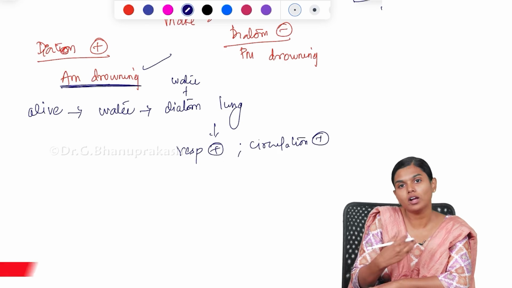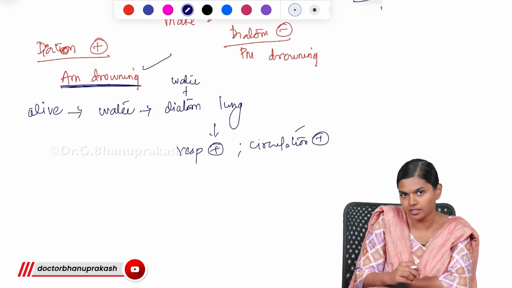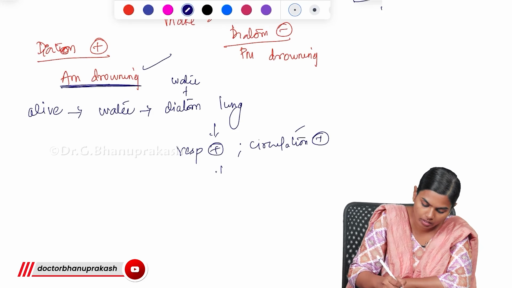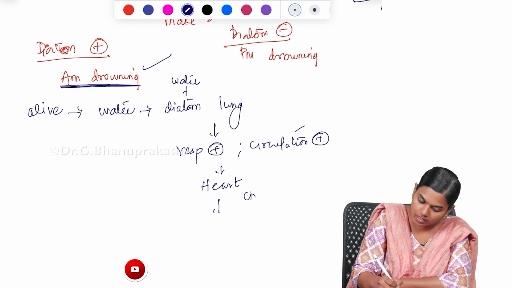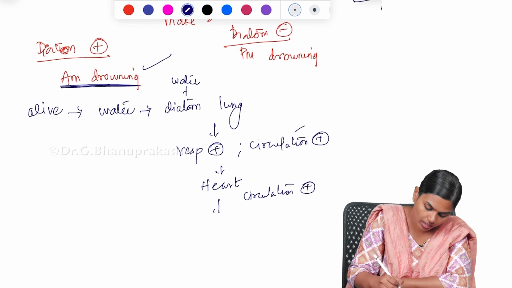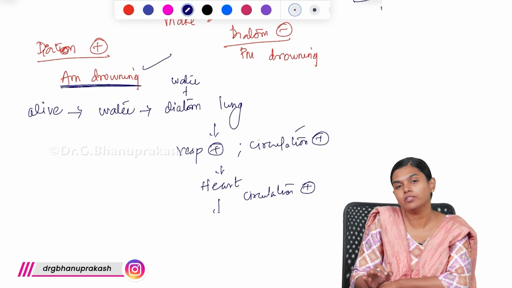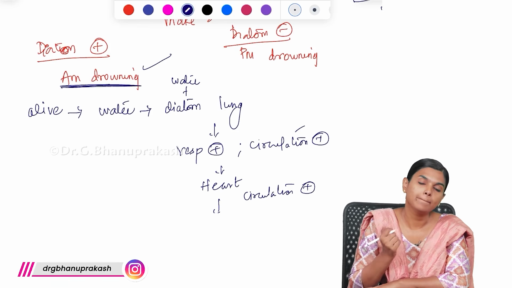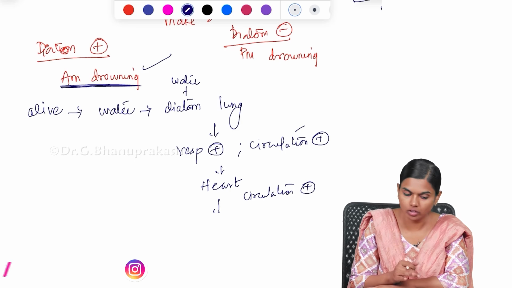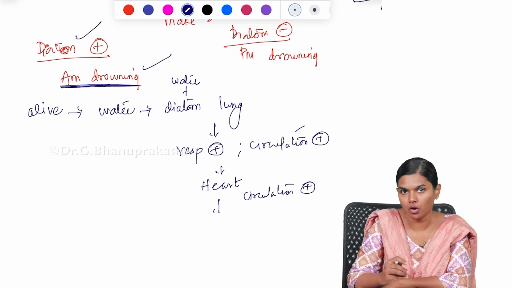So both are working, and because of this circulation from the lungs, the diatom will go to the heart. So circulation again is there because the person is alive, right? So from the heart it will go to the periphery. So now if we take a tissue from the periphery and look for the diatom, then diatom would be present in that individual. So diatom positive means it is a case of antemortem drowning, right?